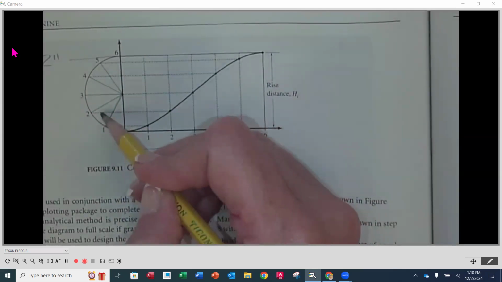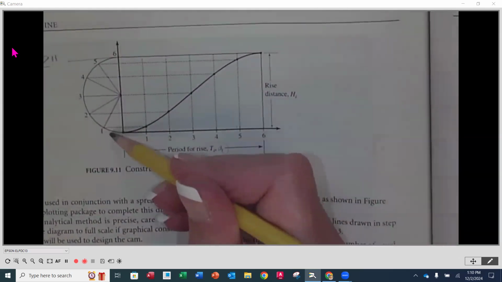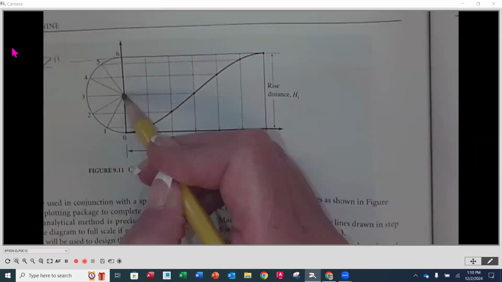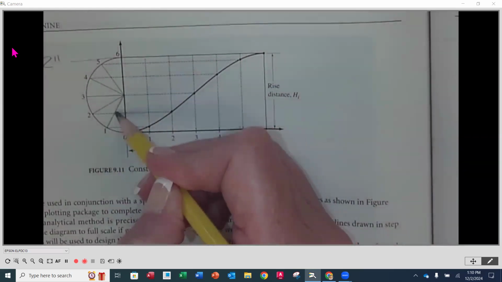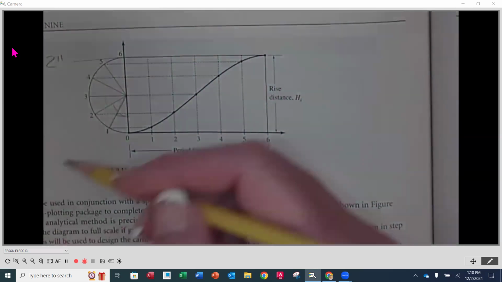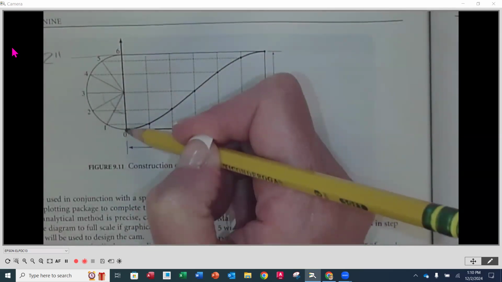And if we look, that's 6 sections. I have 180 degrees. How many degrees are between each one of these sections? If I take 180 divided by 6, what do I get? 30 degrees. So from the center here, this is going to be a 30-degree angle from here, from here, from here, and in between each one. And then starting at the bottom, here's my 0, 1, 2, 3, 4, 5, 6. And we just number those 1 through 6.